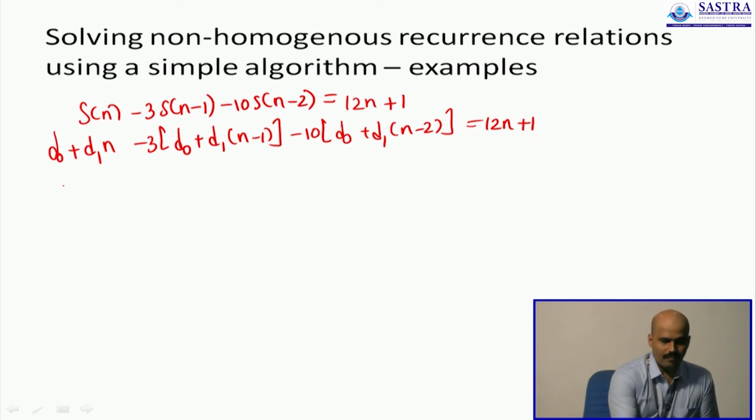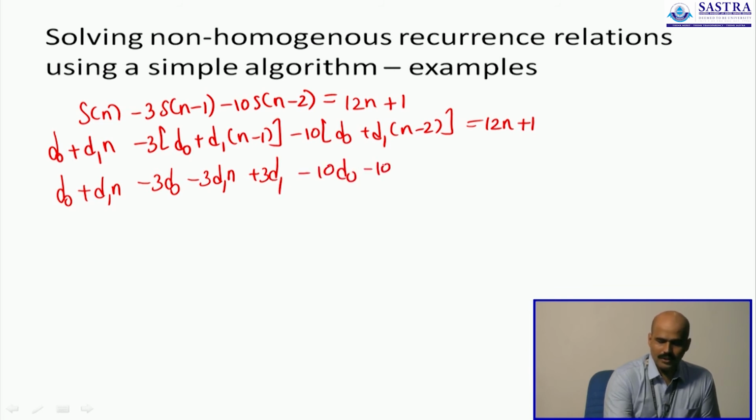Solving, we'll group the constants first. D naught plus d1n minus 3 d naught minus 3 d1n plus 3 d1 minus 10 d naught minus 10 d1n plus 20 d1, giving us 12n and 1.